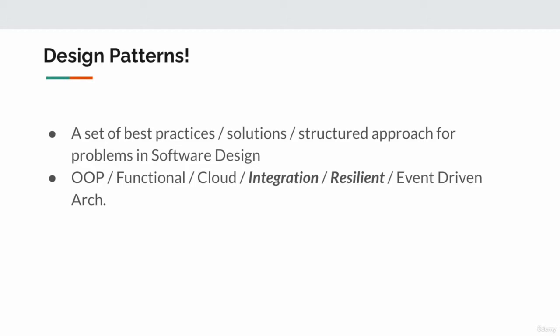We also have a set of patterns for functional programming and we also have a set of patterns for cloud architecture. Similarly, when we have a bunch of microservices and exposing their APIs, how to integrate and make them more resilient. This is what we are going to talk about using certain patterns.